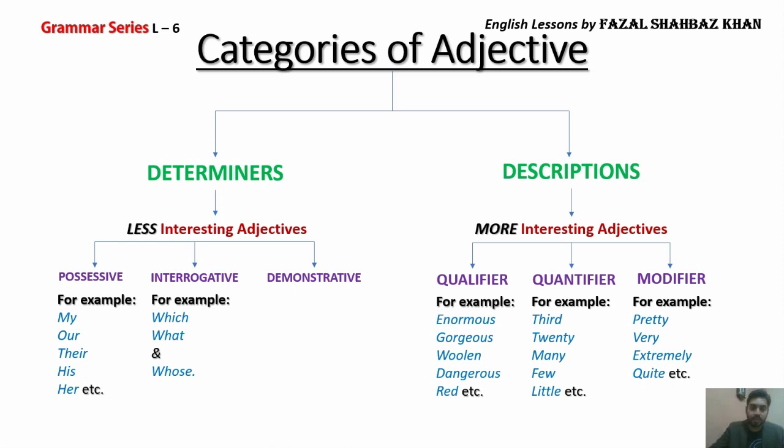Now we have demonstrative adjectives as well, where we can simply point at things: this for a nearer singular thing, that for a far off singular thing, these for nearer plural things, and those for far off plural things. Then we even have such and each, etc. So such are the demonstrative adjectives.